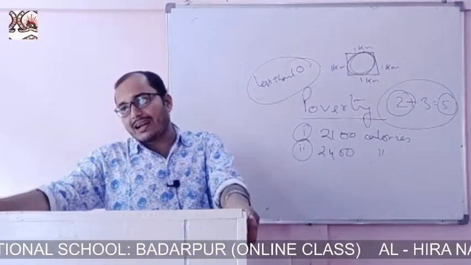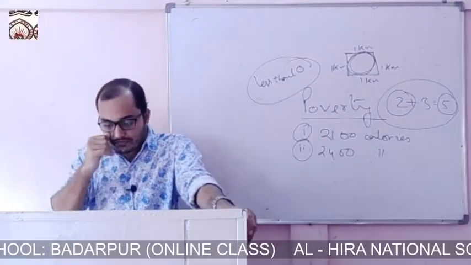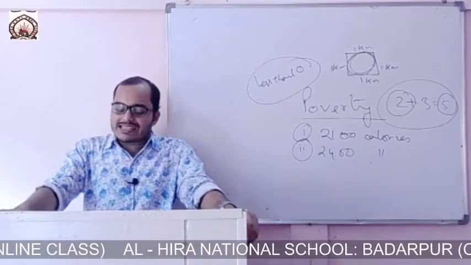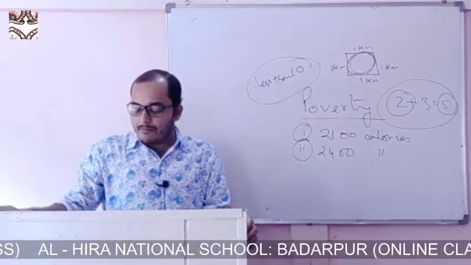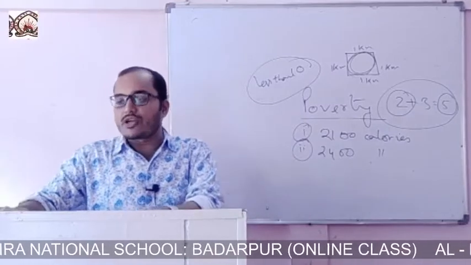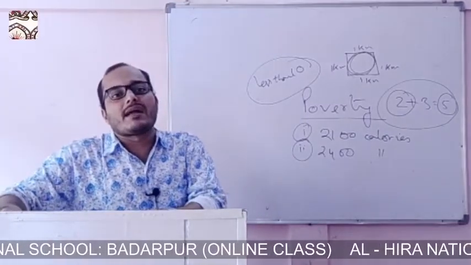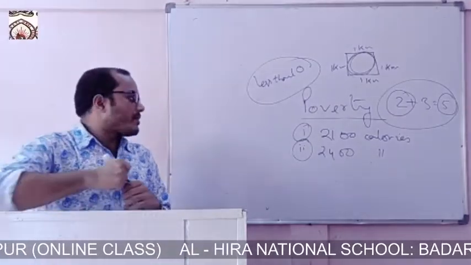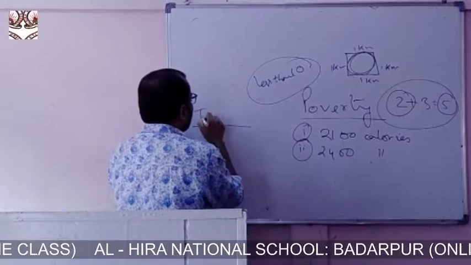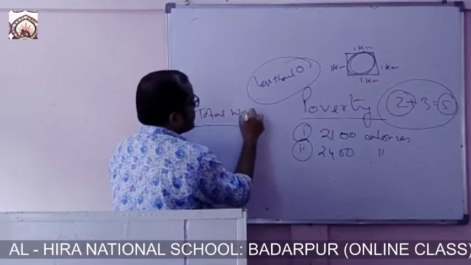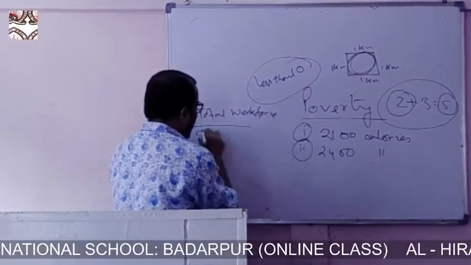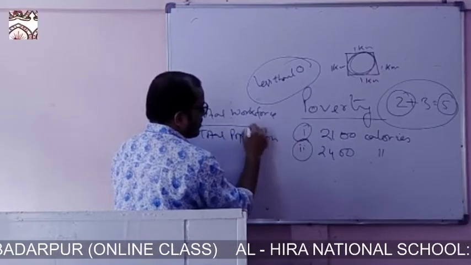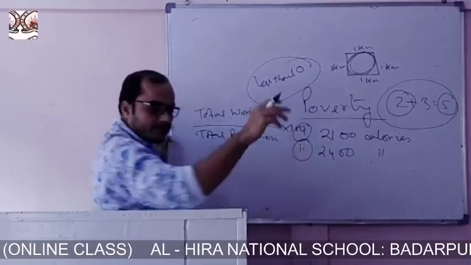Now the worker population ratio. How to find out this worker population ratio? It is calculated by dividing the total workforce by the total population and multiplying by 100. So total workforce by total population into 100.